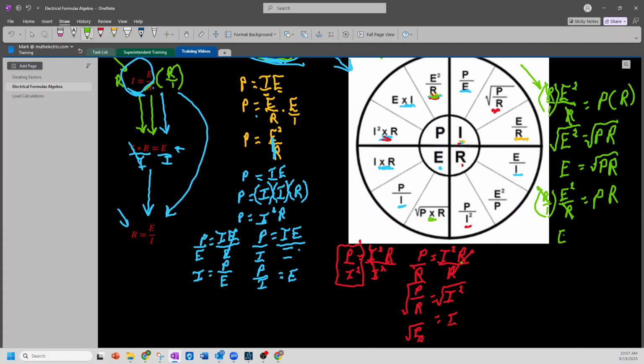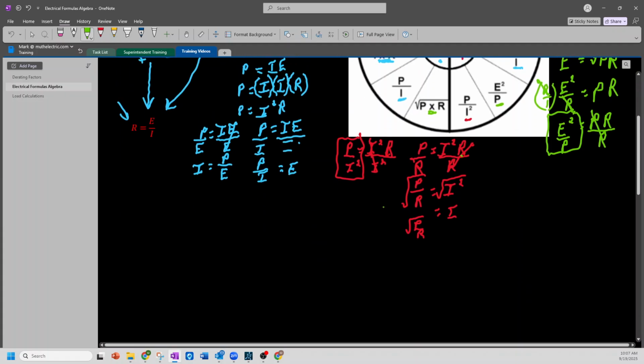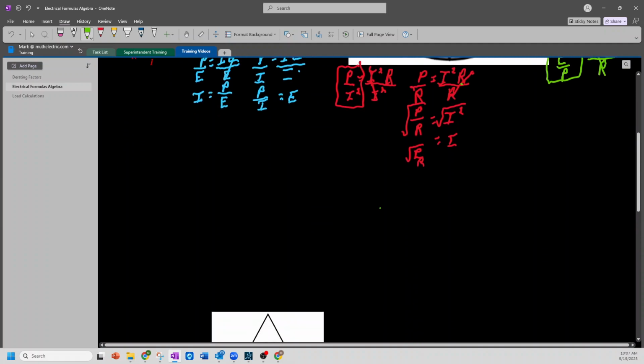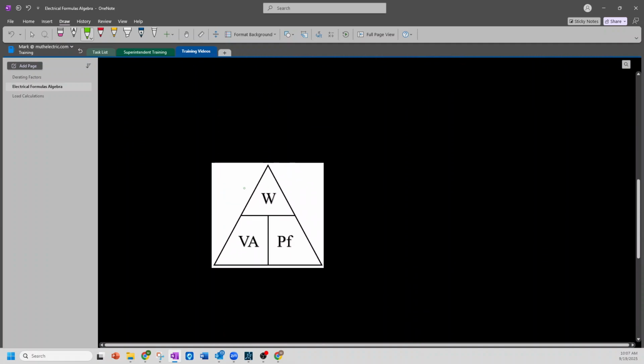E squared equals power times resistance. To get R by itself, opposite of multiplication is division. The P cancels out, and here's our final equation, which we have here. Where's R? It's right there. There's our final equation.